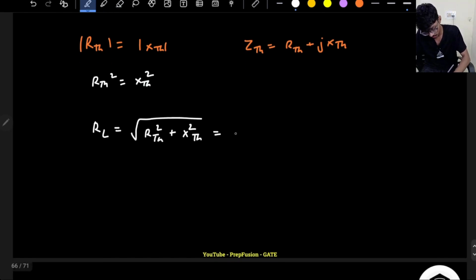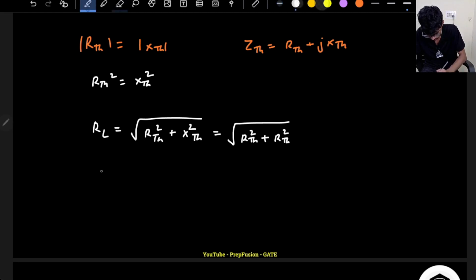So your RL will be basically the square root of RTH squared plus RTH squared. So RL equals root 2 times RTH.